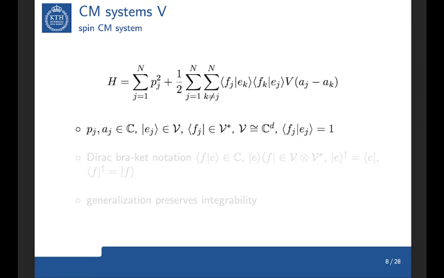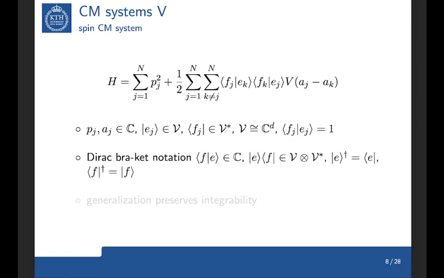The a_j's and p_j's are, as before, canonically conjugate, and we'll let them be complex from the get-go. The e_j's are what we call kets, and they live in a finite dimensional complex vector space V. The f_j's are bras, and they live in the dual vector space V star. And we have this constraint between the f_j's and e_j's, so this juxtaposition indicates an inner product.